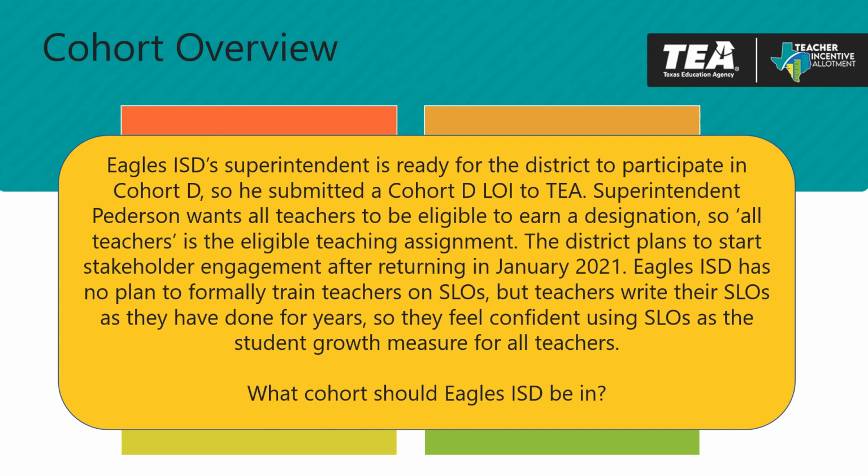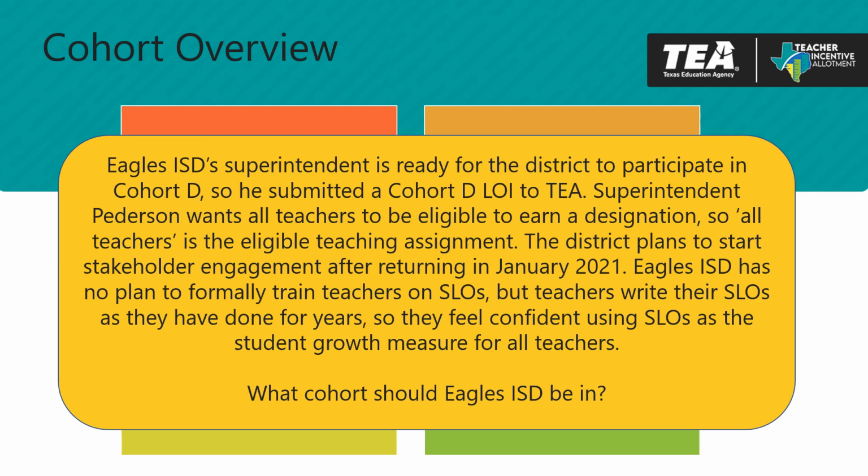But 4 months does not seem like a long enough time for a district to do successful stakeholder engagement prior to submitting an application, especially when there's no formal training on the student growth measure that's going to be used.